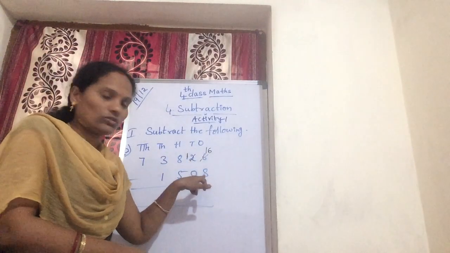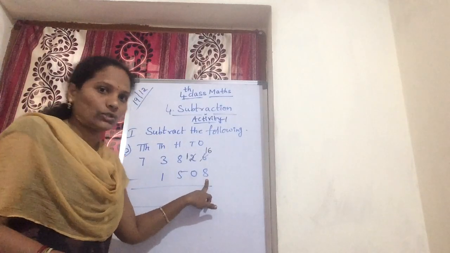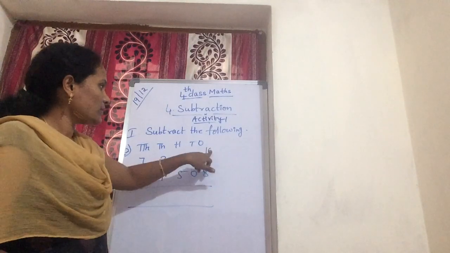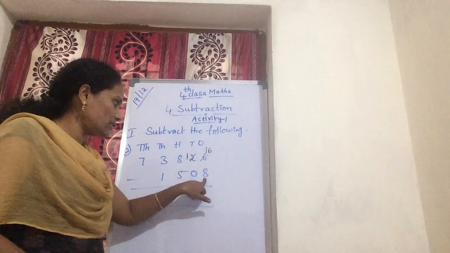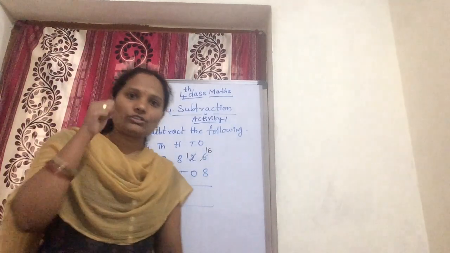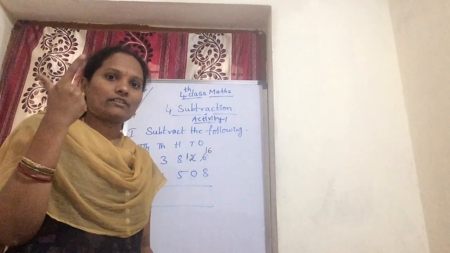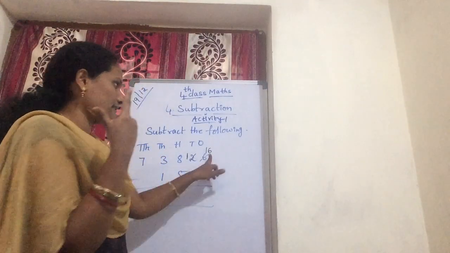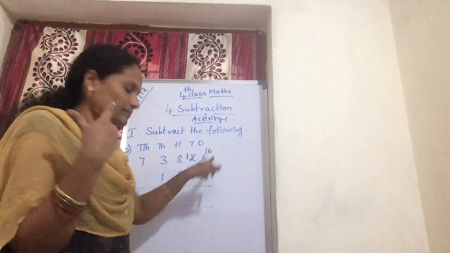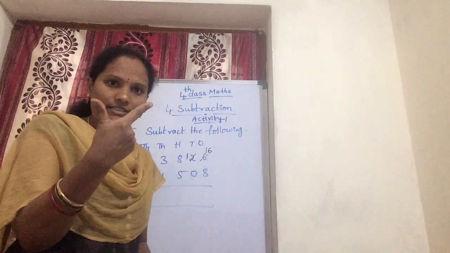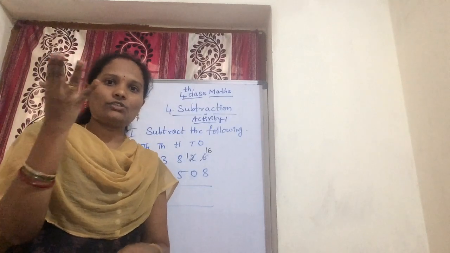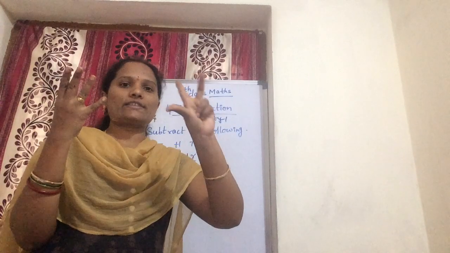Here you count from the second number until you reach the first number. The second number is 8. After 8, count up to 16. 8 after 9, 10, 11, 12, 13, 14, 15, now 16.